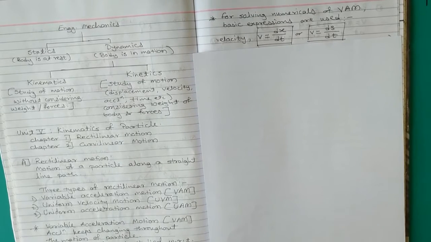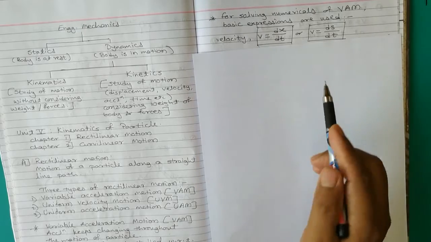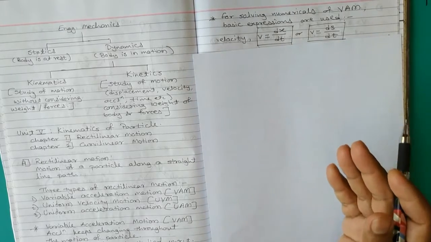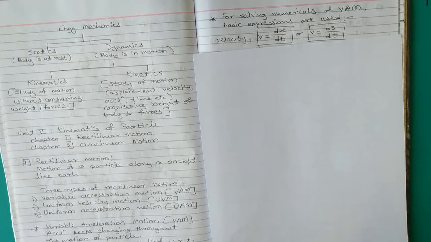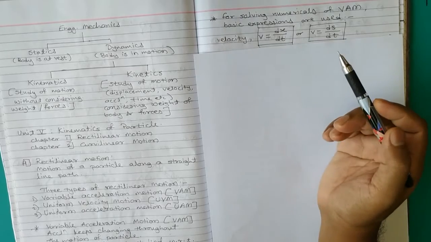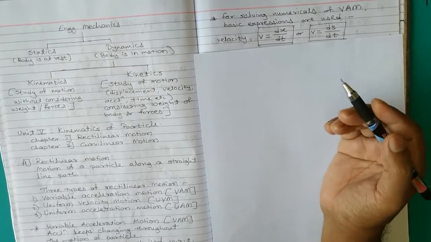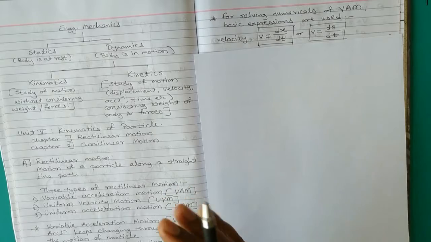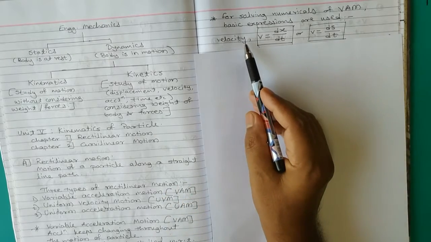For solving numericals of variable acceleration motion, we are going to use basic expressions, or let's say basic definitions, of velocity and acceleration. We know velocity is nothing but rate of change of position or rate of change of displacement. How fast the particle is changing its position, that is called velocity.